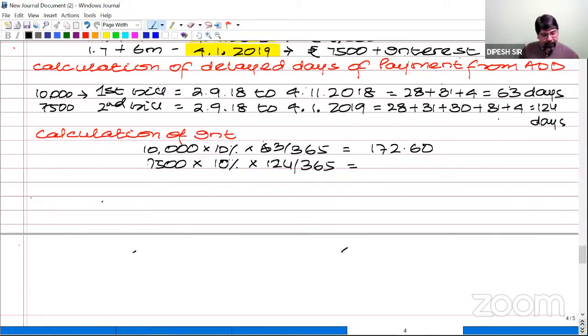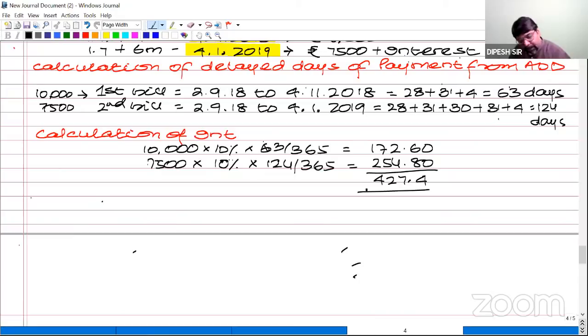Then 7,500 into 10% into 124 divided by 365 is 254.8. 254.8 plus 172.6 is 427.4, the total interest which you are supposed to calculate.